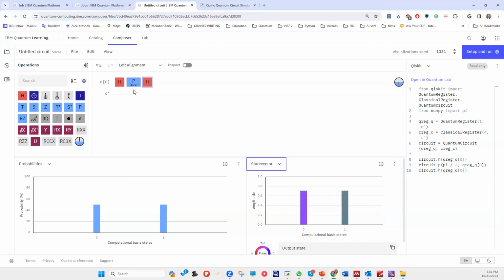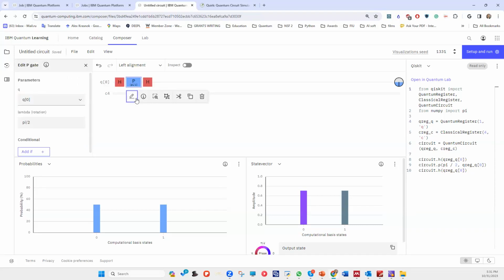Okay, so we see that for this phase pi over 2, as we expected, the probabilities of finding either state is 50%. It's perfect, 50%.